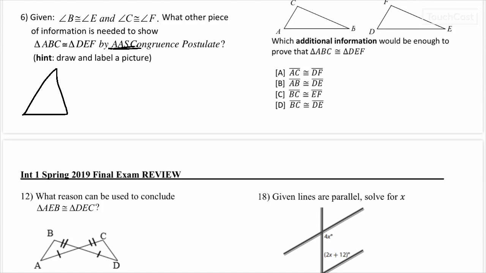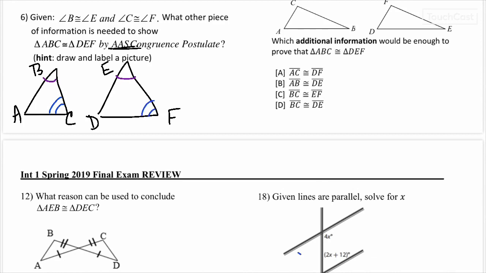Now I'm no genius, so I'm just going to draw and label these A, B, C. I'm going to make the other one the same, but it'll be D, E, F. And then I know that angle B is congruent to E. You know me and my colors. Color makes the world go round. And then C to F.